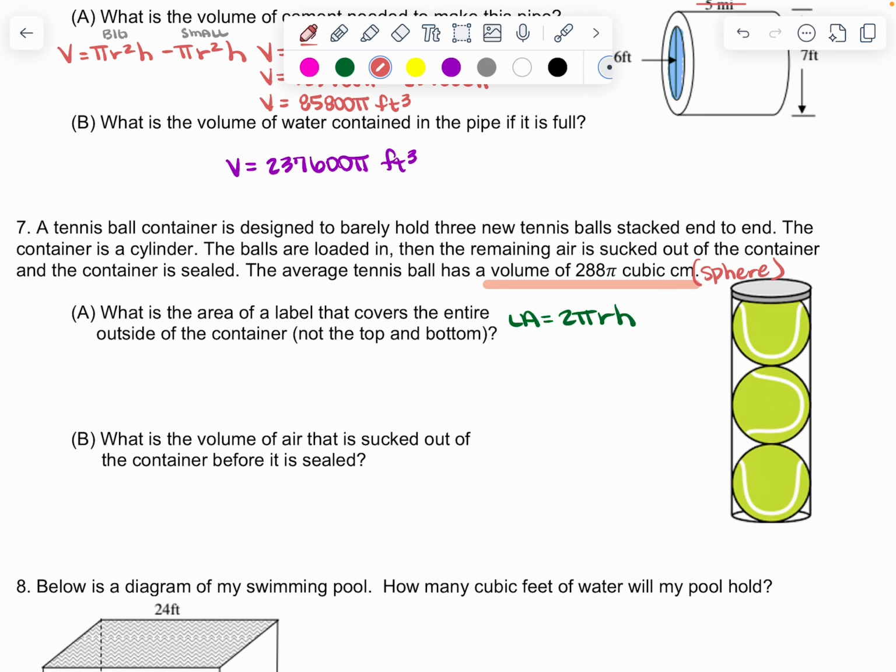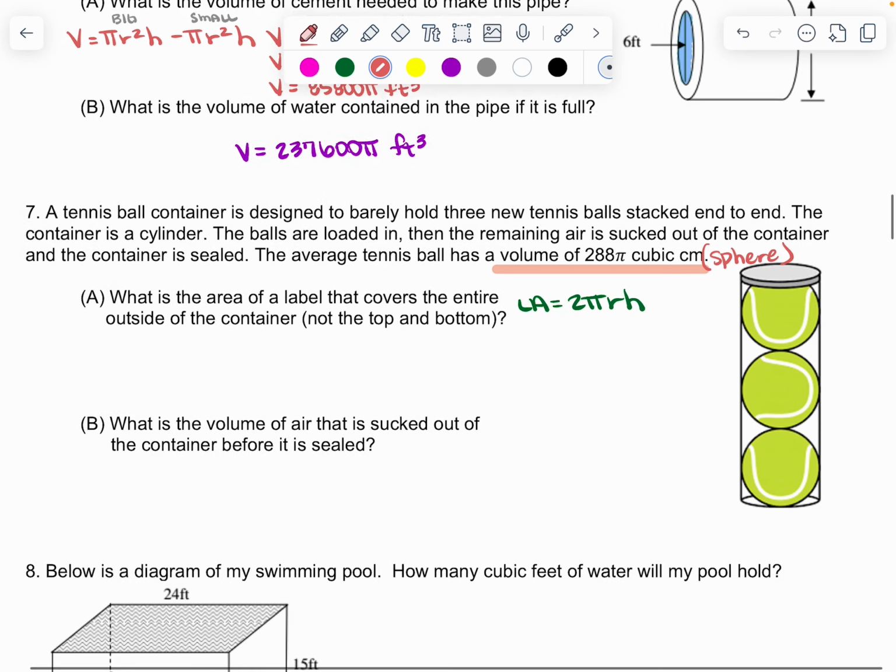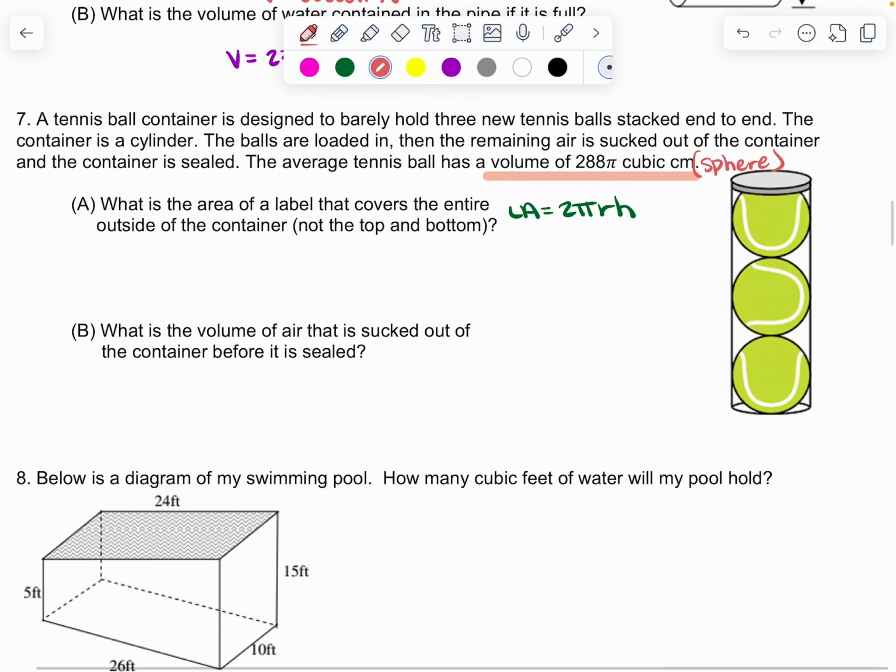So I'm going to use the sphere's volume to calculate the radius, and then I'm going to use the radius to find the height, and then I'll be able to find the lateral area for the label on the can. So this is a very multi-step problem, okay? So let's start by solving for the radius. So we're going to do volume equals the sphere formula, which is 4/3 pi r cubed.